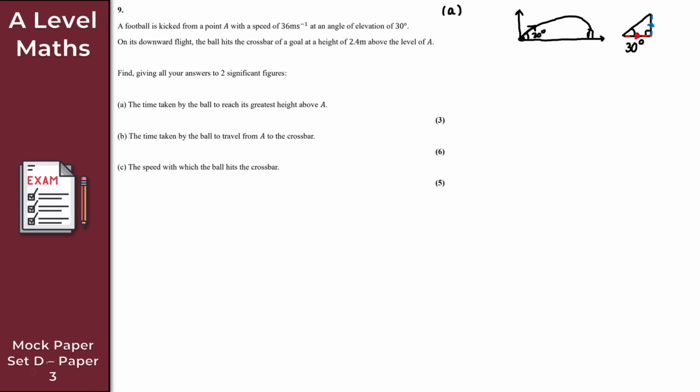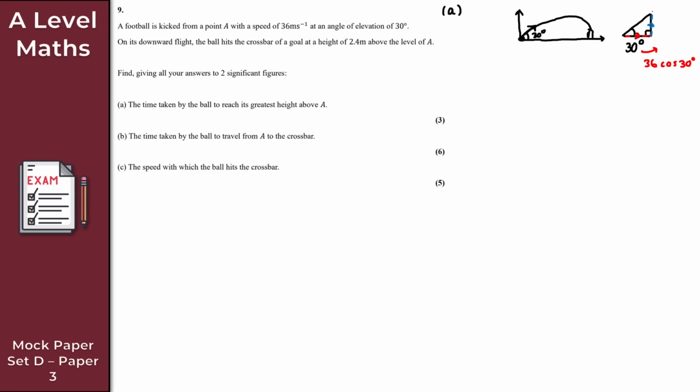Let's just start with the horizontal component here. So for the horizontal component, that's going to be u cos alpha. So u here is the initial speed, which is 36 meters per second. So all we're going to get here then is 36 cos of the angle of elevation, which in this case is 30 degrees, right? So what I get here is 36 cos of 30 degrees.